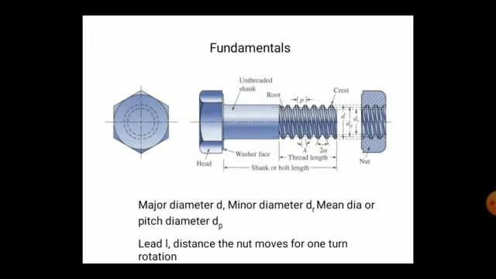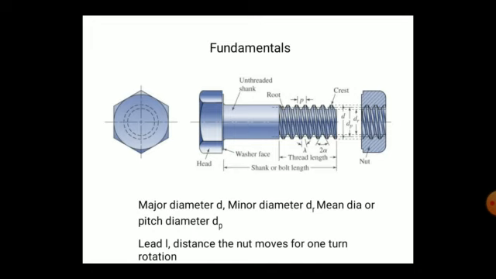The first one is the major diameter, represented by small d; the minor diameter, dr; the mean diameter or pitch diameter, dp; and the last one is lead, represented by small l, defined as the distance the nut moves in one turn of rotation.